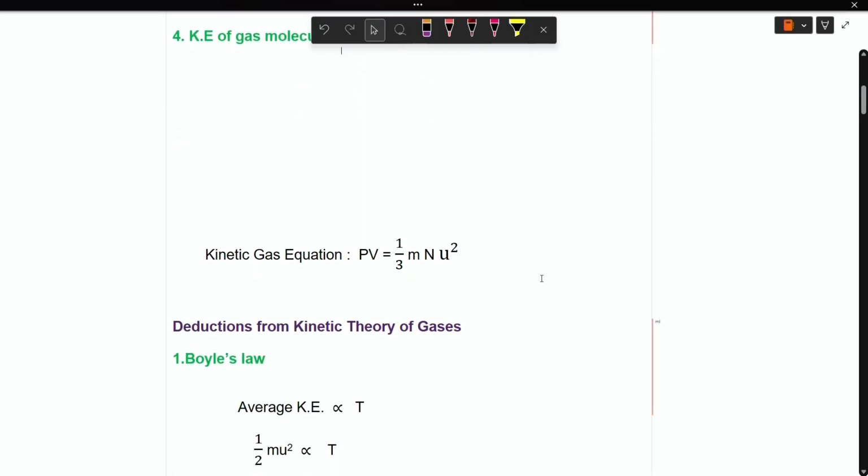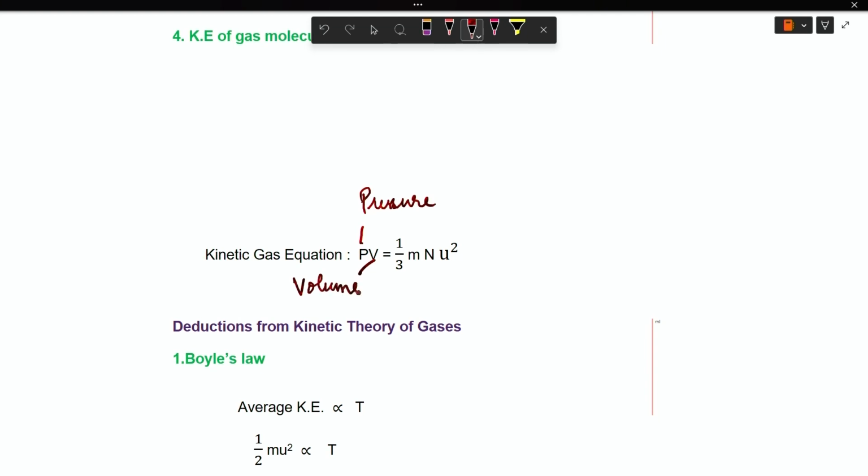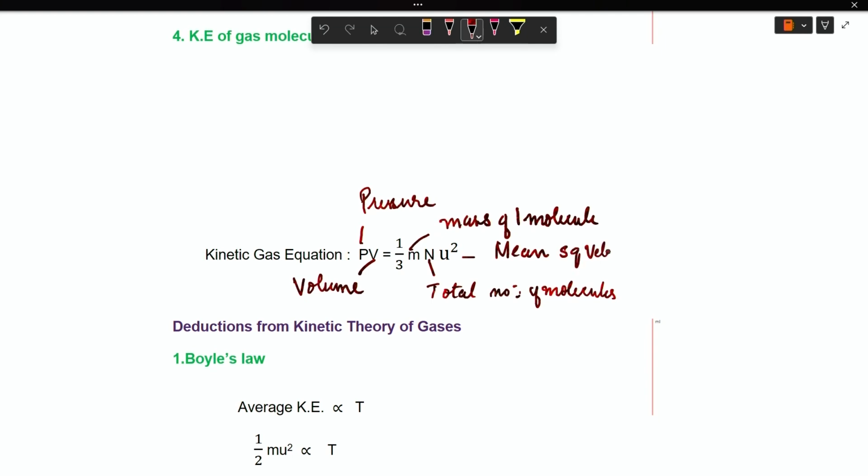Now, we all know that the kinetic gas equation, which is based on the kinetic theory of gases, is as follows: PV = (1/3) m N u², where N is a capital N. P stands for the pressure, V stands for the volume of the gas, m stands for the mass of one molecule, N is the total number of molecules in the gas, and u² is the mean square velocity.